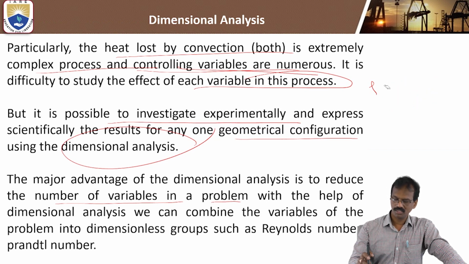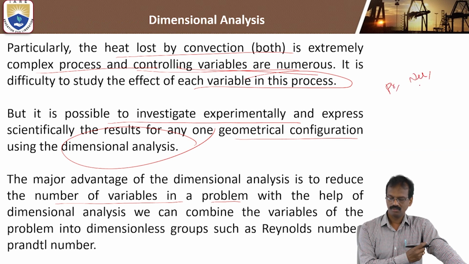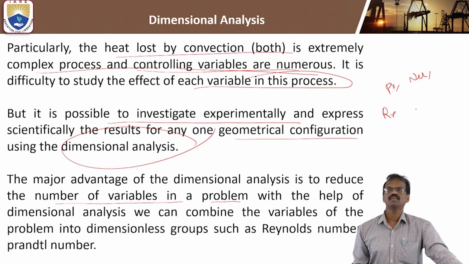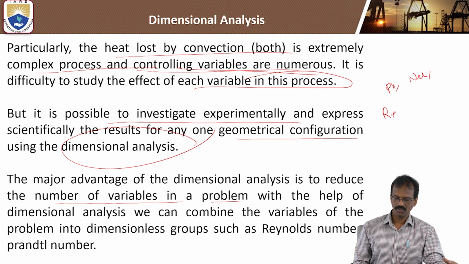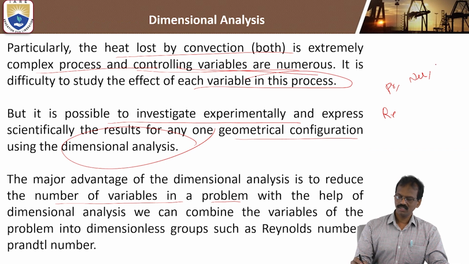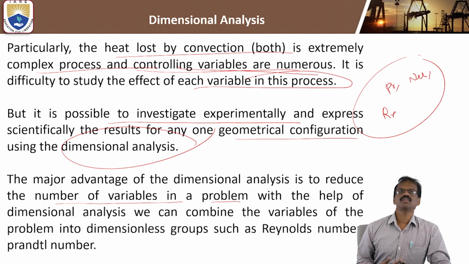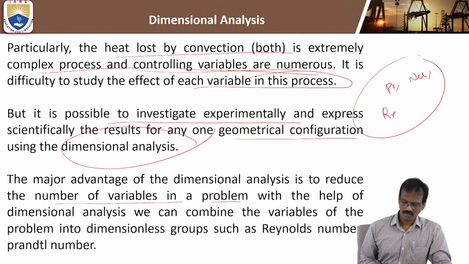Dimensionless groups, just like the Prandtl number, Nusselt number, or Reynolds number. So we are converting these variables into some dimensionless numbers. By studying these dimensionless numbers, we can understand the functioning of the convection process.